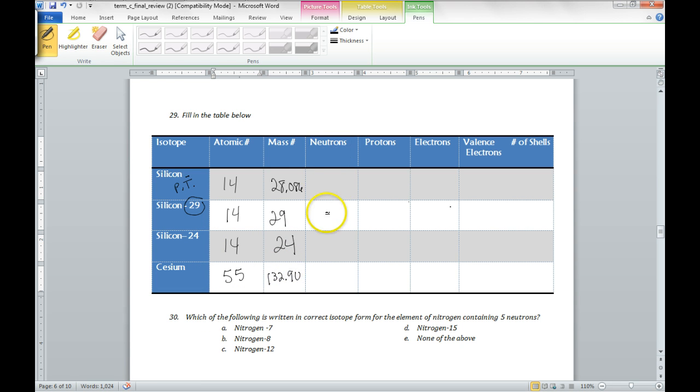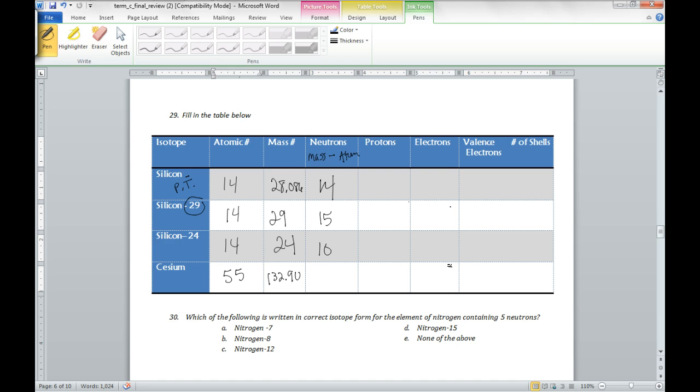So how do we calculate the number of neutrons? The number of neutrons is going to be the mass number minus atomic number. So we can round that. We're going to go 28 minus 14 gives us 14. 29 minus 14 gives us 15. 24 minus 14 equals 10.